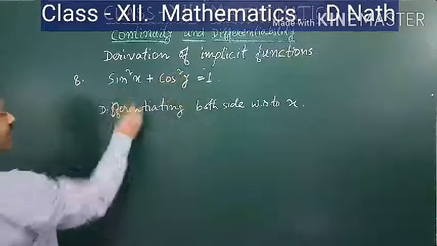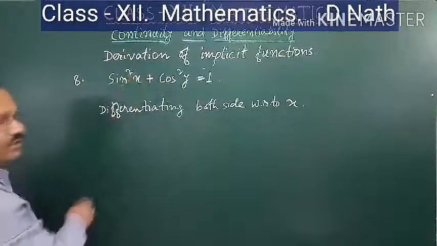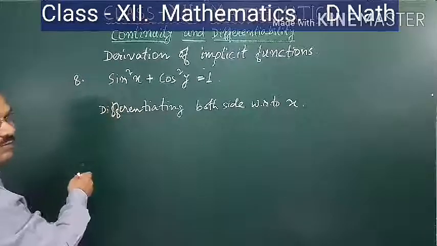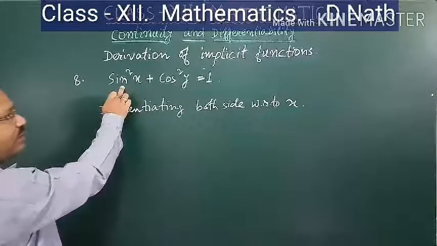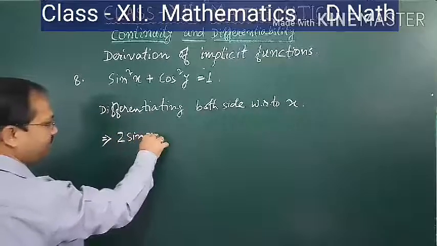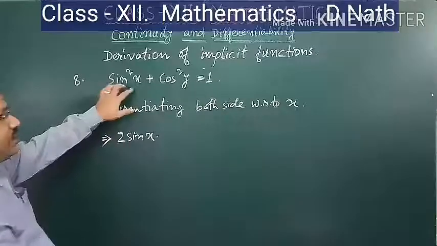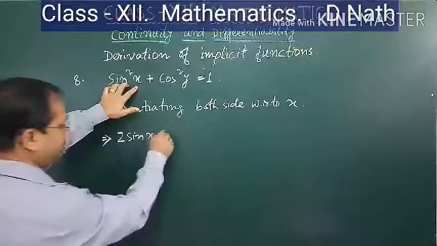What will happen? This is sin square x, so sin x whole square. It is an x square type term. If we differentiate this one, 2 sin x into, since it is not only x, it is sin x, d/dx of sin x, cos x.